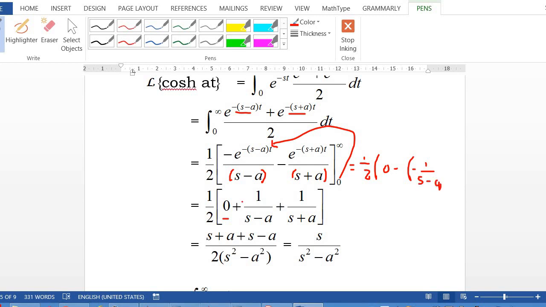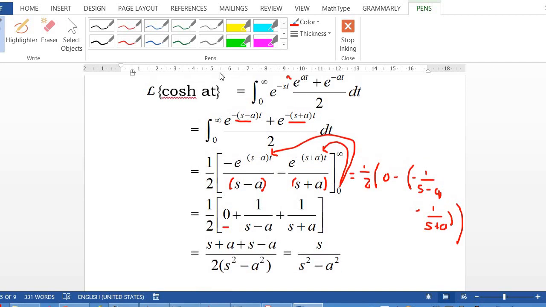So minus minus here is positive. For the second term, you substitute 0, exponent 0 is 1. So you have minus 1 over s plus a. So negative, negative, so positive. Cross multiplication, simplified, we have s over s squared minus a squared.